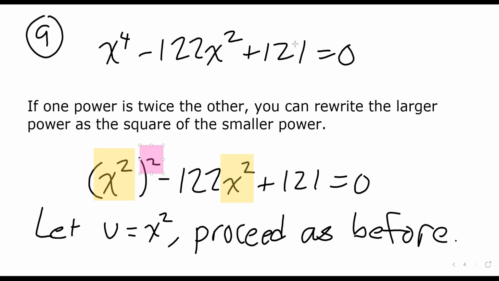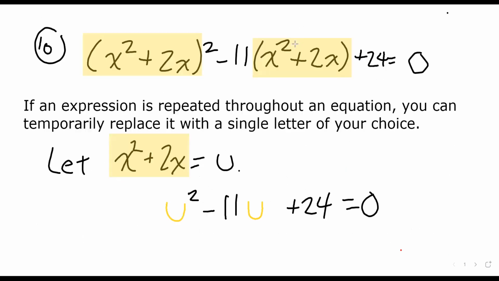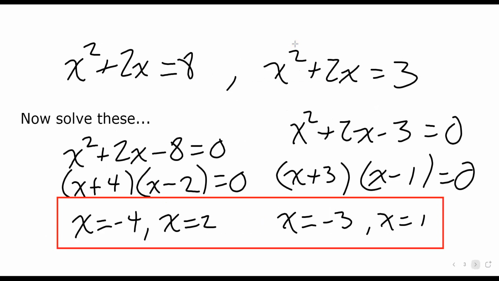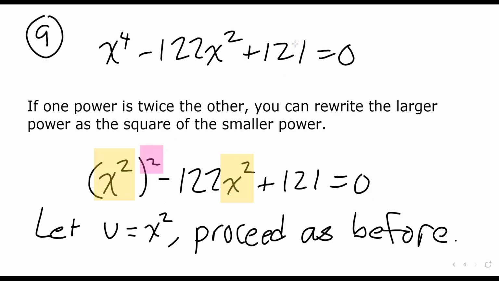It's just like when we did this one back here, and I asked you, you see all the stuff on the top equation that's not highlighted in yellow, it stays the same. Right.